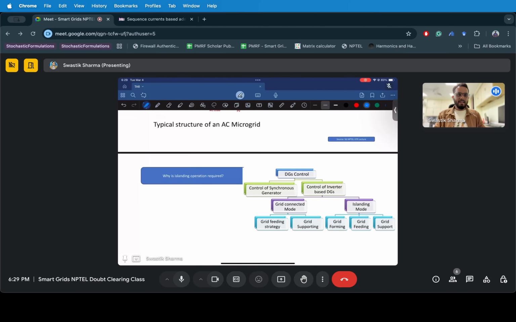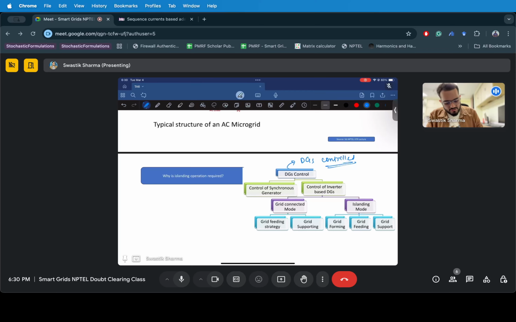Now for this islanding mode of operation, you need to control your DGs in such a way that the working in grid connected mode and islanding mode can be different, and your DGs should have that control inherently in themselves, right?